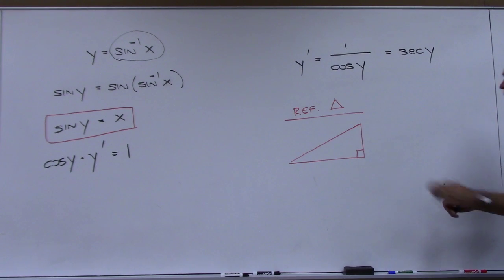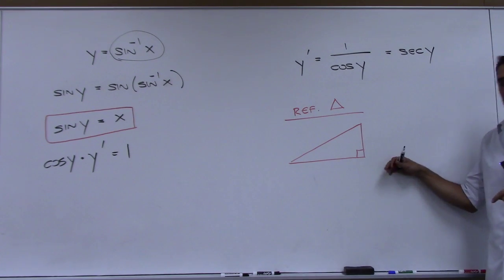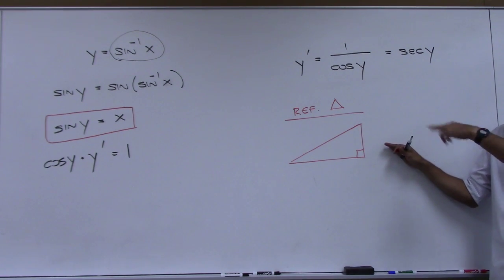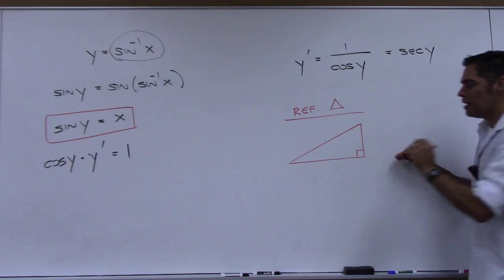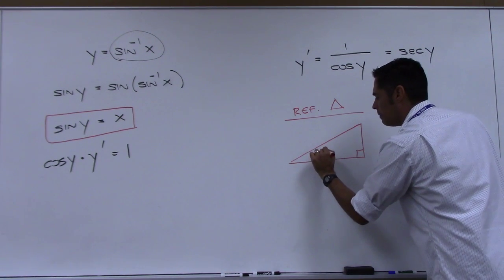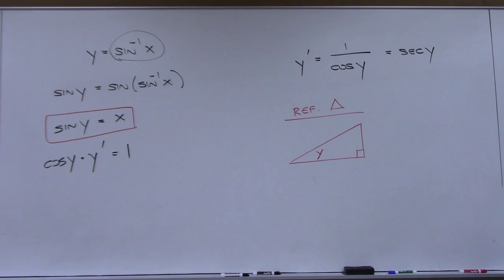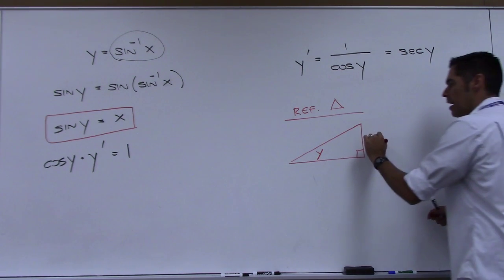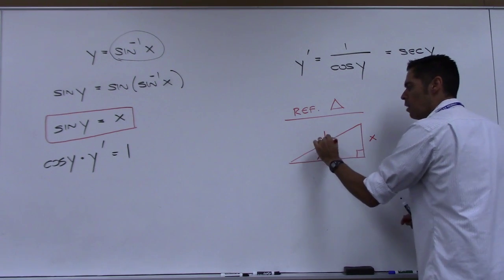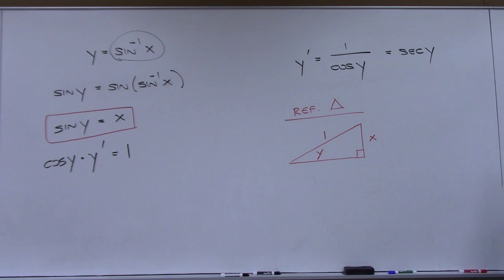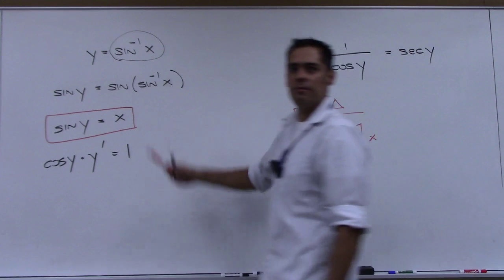I can label the angles and sides however I want, but it's a right triangle, so there are certain relationships that are true. Do you agree that if I label this angle y, and I label this side x and this side 1, that that triangle represents that equation?